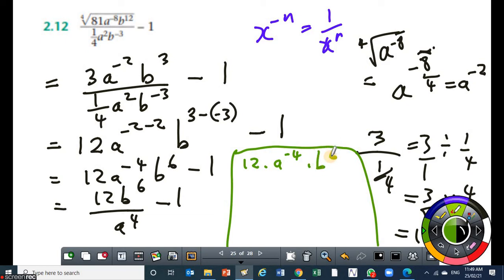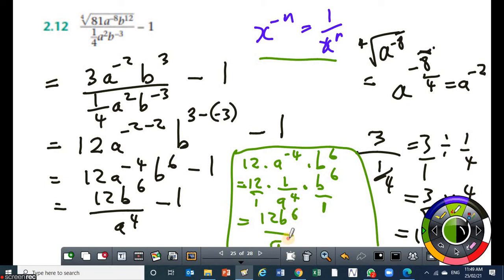This a to the power of minus 4, if I use this definition, will become 12 times 1 over a to the power of 4 times b to the power of 6. The denominator here is 1, the numerator there is 1. 12 times 1 times b to the power of 6 gives you 12b to the power of 6. 1 times a to the power of 4 times 1 gives you a to the power of 4. That's how I got it.